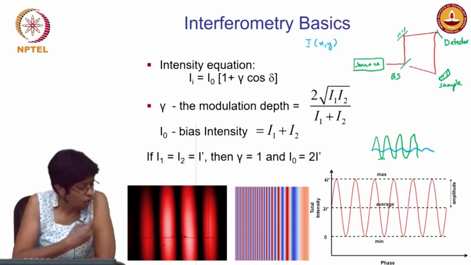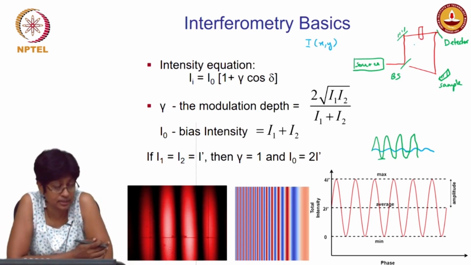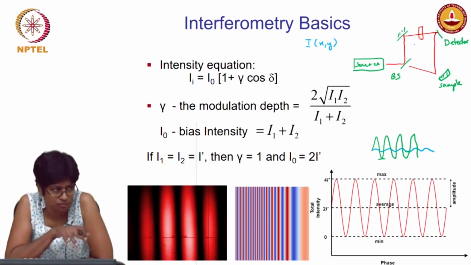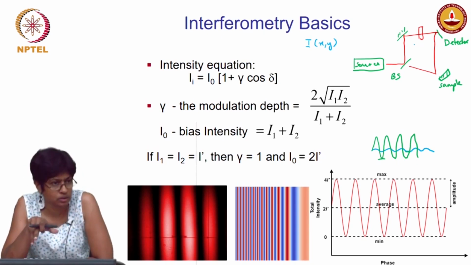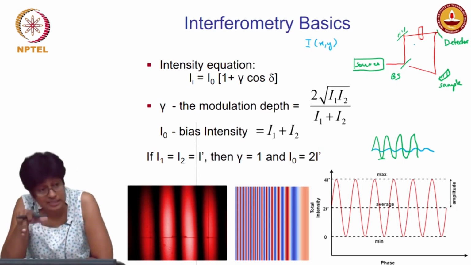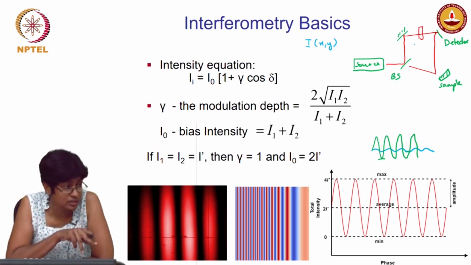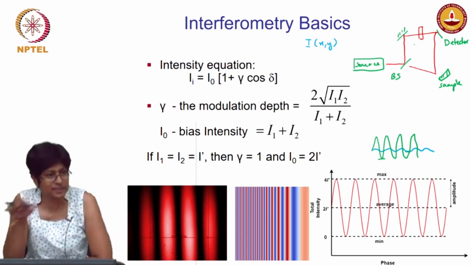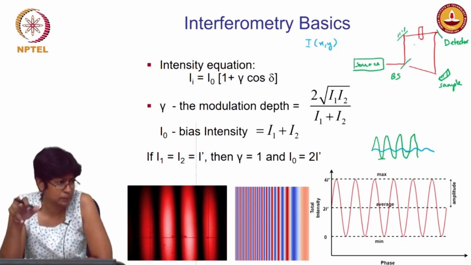That could be one way, or I could put a filter in this arm that cuts the intensity, but the filter is less efficient because there I am throwing away the power, whereas if I change the splitting ratio of the beam splitter, I am sending more power to the sample, making the sample beam higher intensity, and less power to the reference beam, which means it might end up being equal in intensity to the reflected beam. So, having a beam splitter of a different splitting ratio is good.